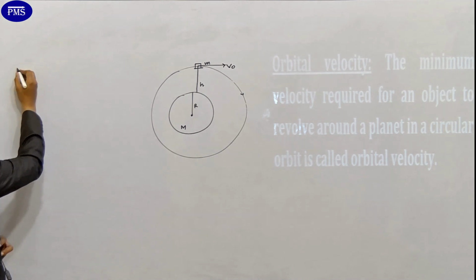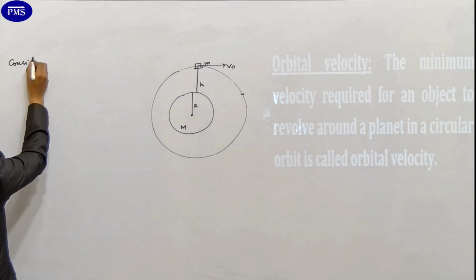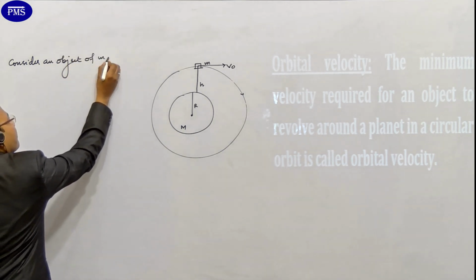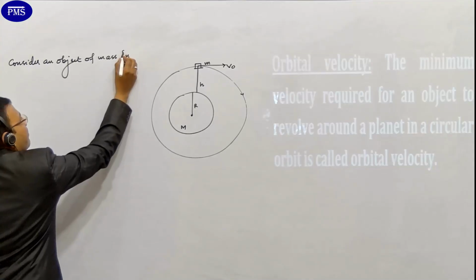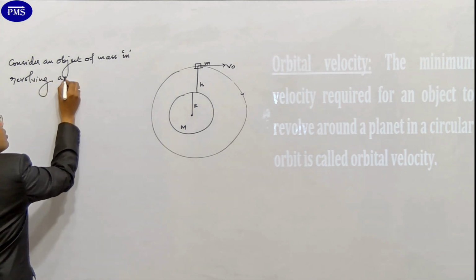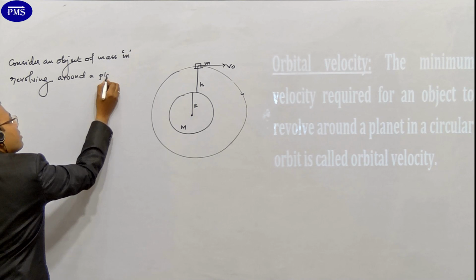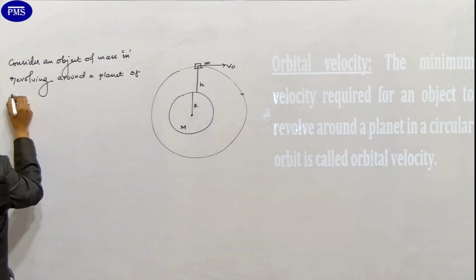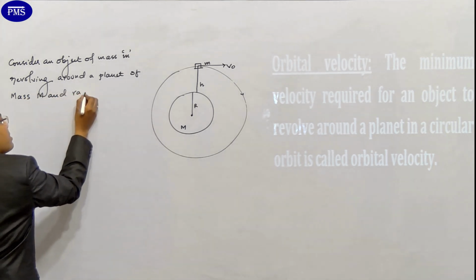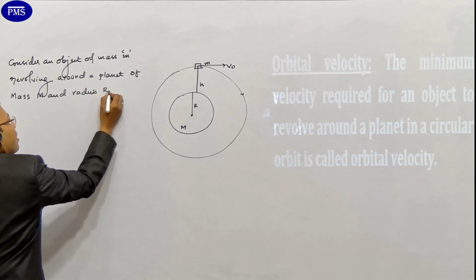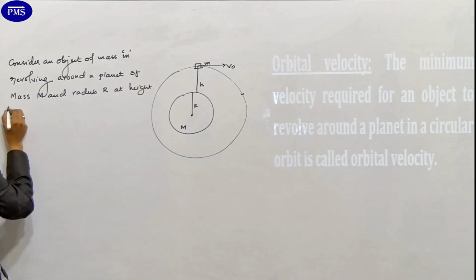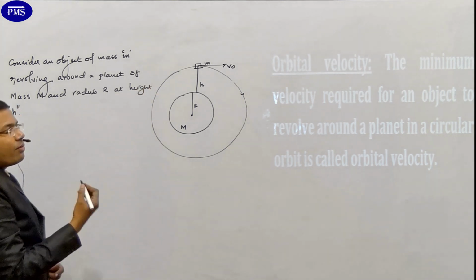See students, consider an object of mass small m revolving around a planet of mass capital M and radius capital R at a height h. At this height it is revolving.